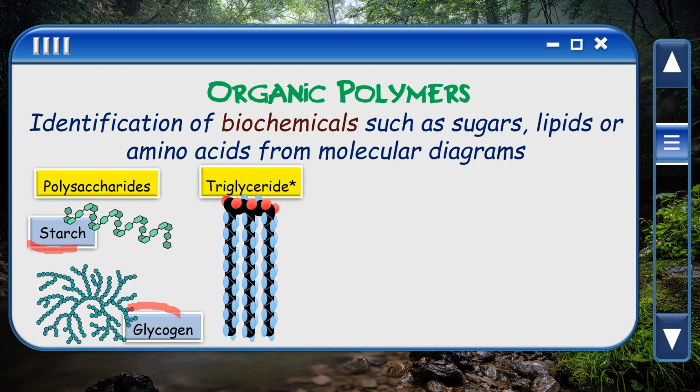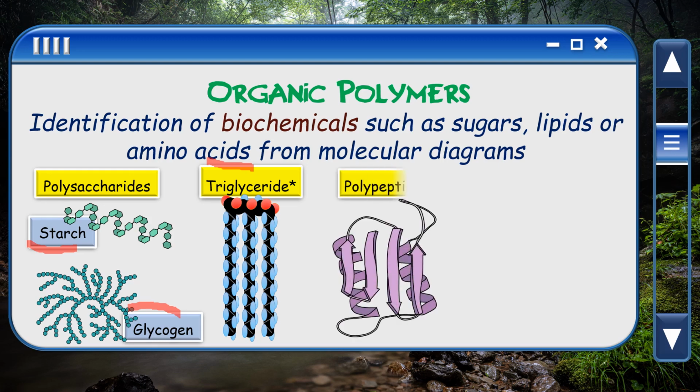We have the triglycerides. Triglycerides, these ones, they are polymers which are made up of glycerol and fatty acids. These are the lipids. Then we have the polypeptides.